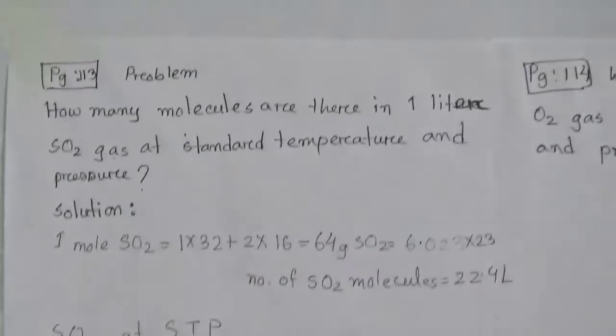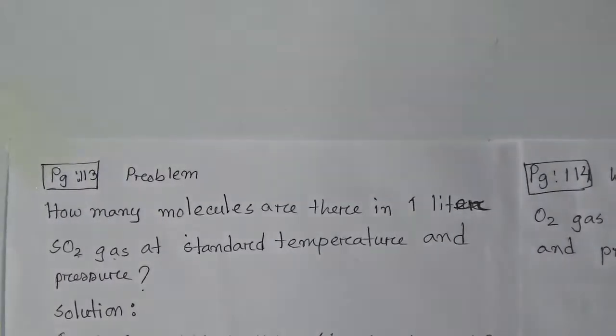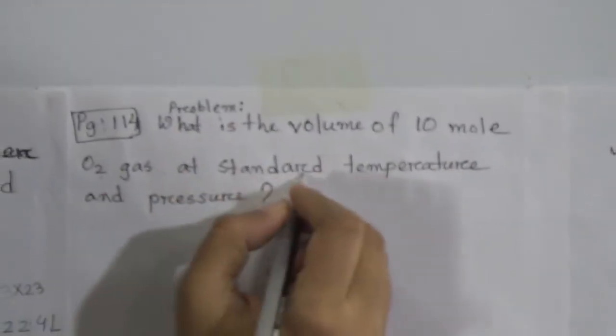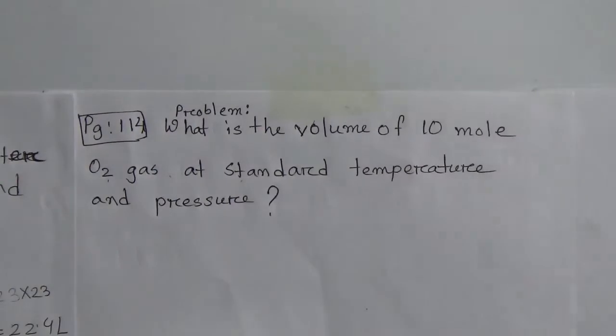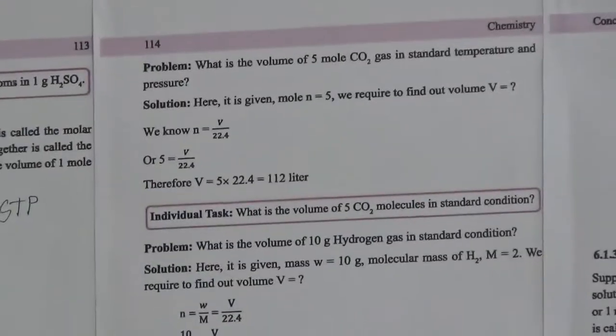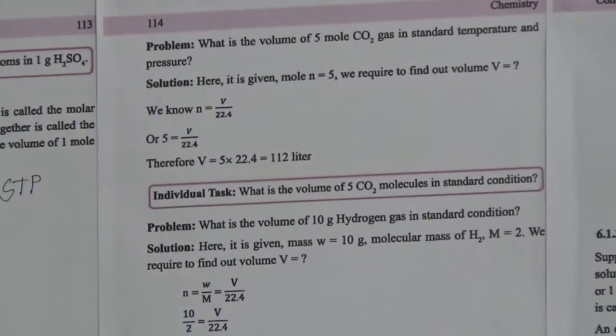Next problem is, what is the volume of 10 mole oxygen gas at standard temperature and pressure? Dear students, that is a problem which is taken from page 114, and here is the solution.